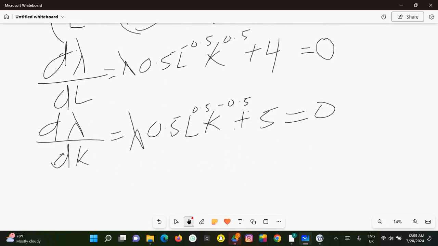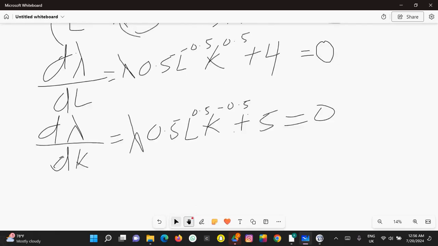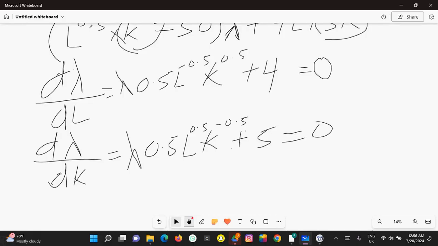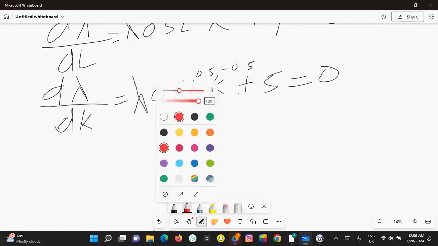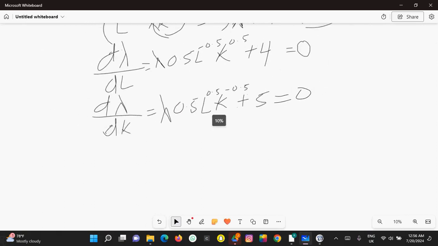So now let's simplify this. Let's rewrite it. Remember at the top side we had lambda 0.5 L raised to the power negative 0.5 K to the power 0.5.